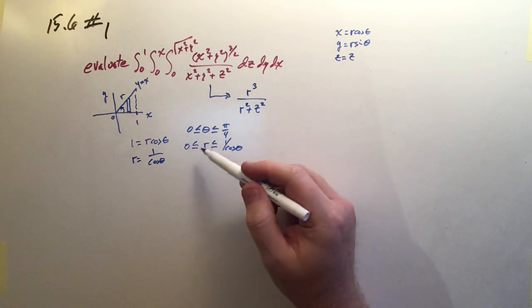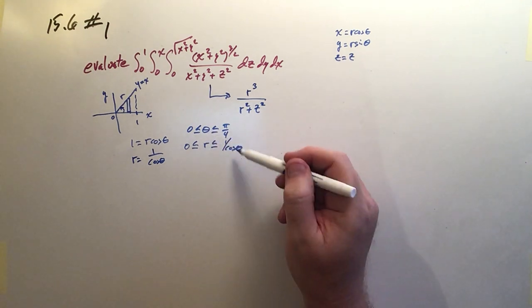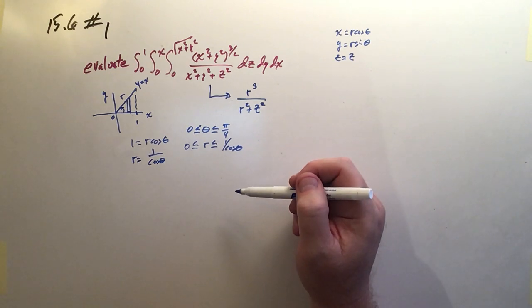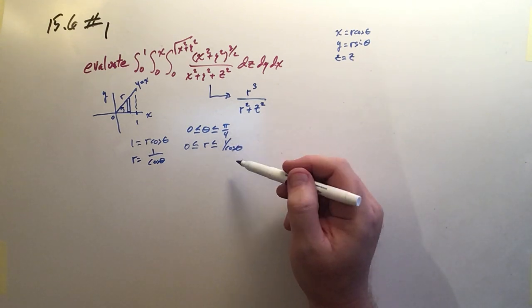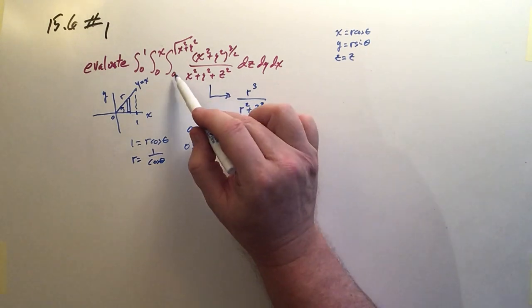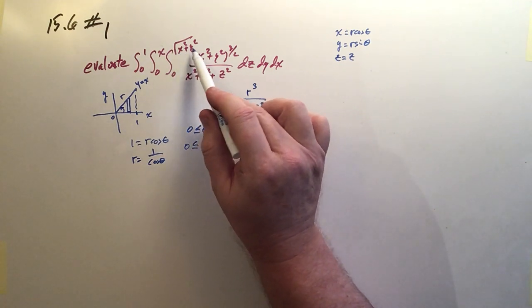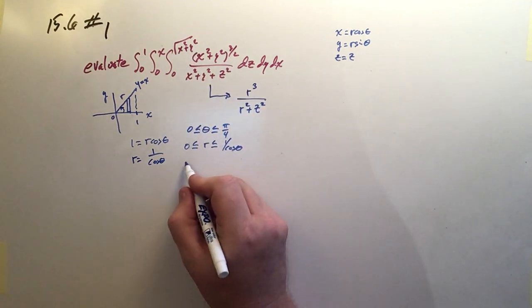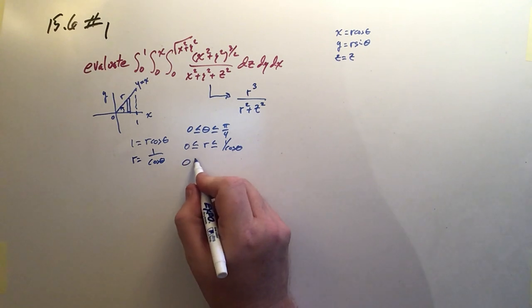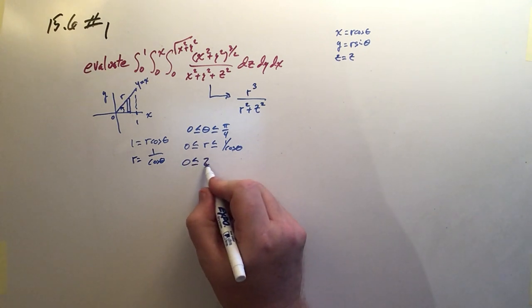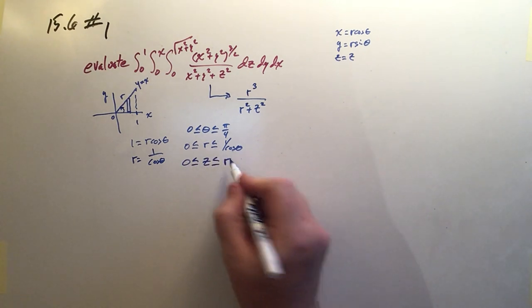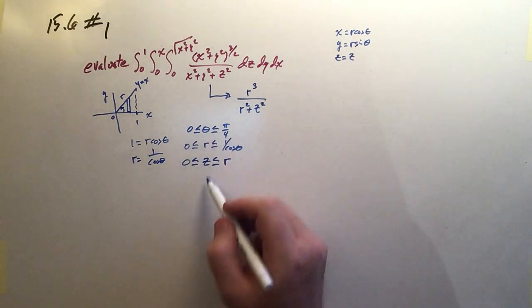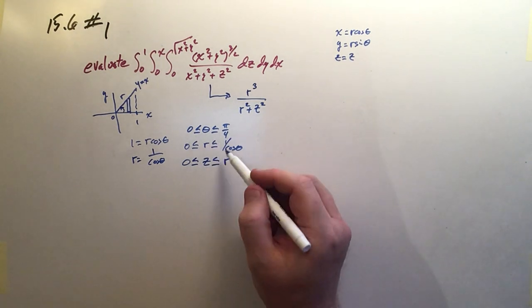So I'll clearly have to do the r integral before I do the theta integral, because it's going to introduce a theta function. And then the last one is z, and of course z goes from 0 to the square root of x squared plus y squared. That's 0 to r. So z will also have to go early, because z goes from 0 all the way up to r.